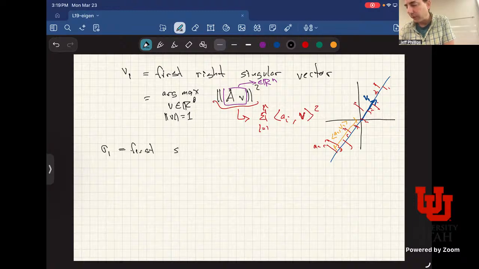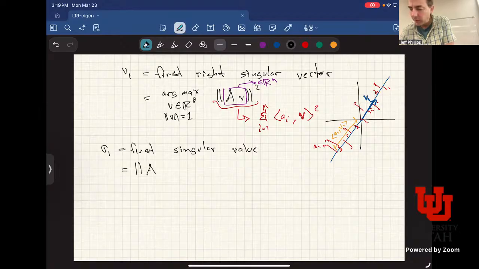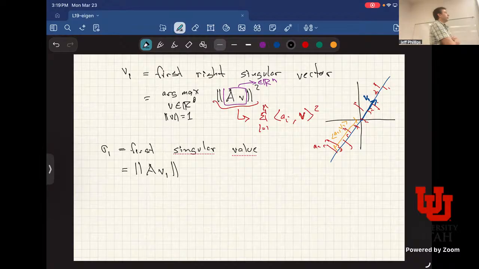The next thing we want to look at is the first singular value, sigma 1. The first singular value is equal to the norm of A times V1.